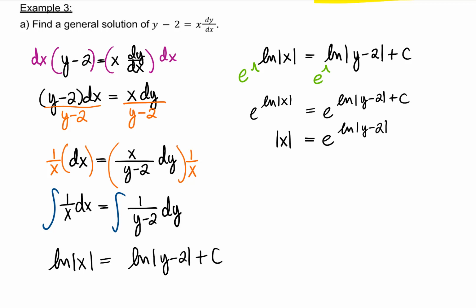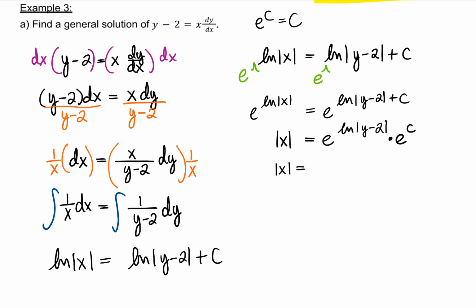By properties of exponents, I can take the base e and multiply it by base e to the power of the other part of my sum. Why would I do that? To simplify e to the c. e to the c is simply c. It is a constant. c represents any constant.